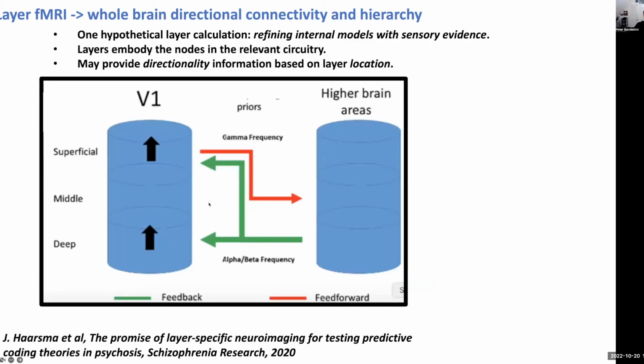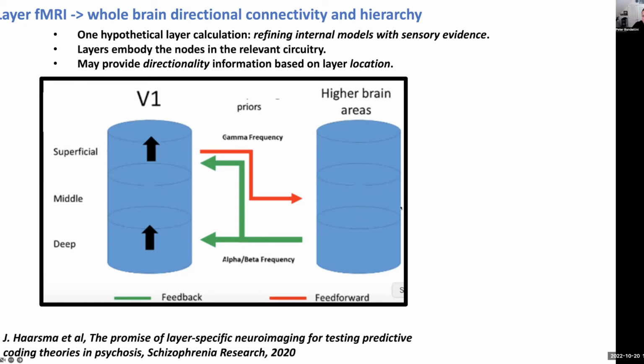And the basic idea, and this is a huge oversimplification, is that our brains are on many levels prediction engines, all the way up. So you might have, for instance, V1 gets input, and it feeds into higher brain areas from upper layers into layer 4.